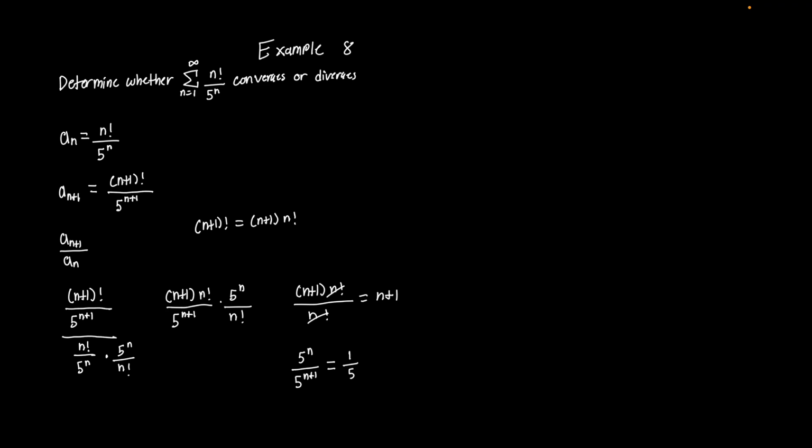Let's think about it. First, this is one way of looking at it. You know 5 to the n plus 1 is just the same thing as 5 times 5 to the n. So these two cancel, which leaves you with 1 over 5. Or, you can just plug in a number. Let's plug in a 2. So 5 squared over 5 to the 2 plus 1, which is just equal to 5 squared over 5 cubed.